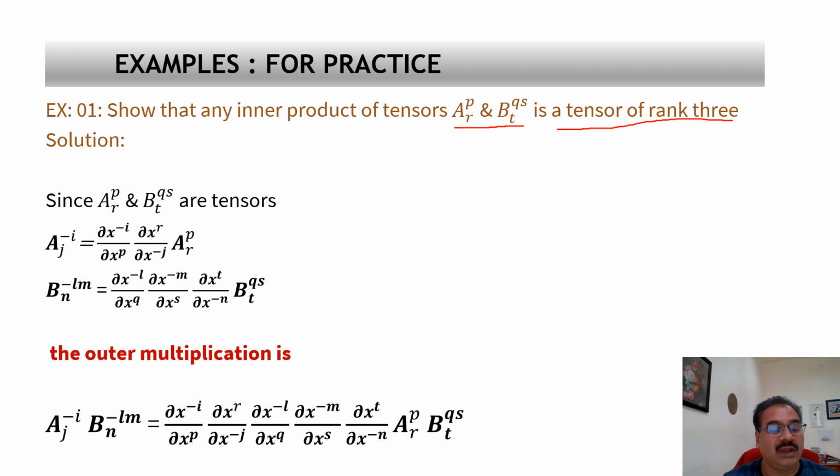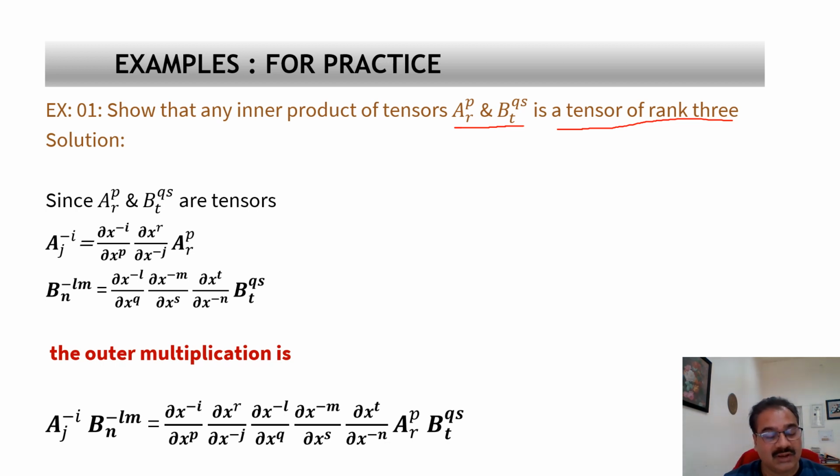Let us suppose A^pr and B_qst are tensors, and we may define these tensors in component form as A bar ij equal to ∂x bar i/∂xp, ∂xr/∂x bar j times A^pr, and B bar lmn equal to ∂xl/∂x bar l, ∂xq/∂x bar m, ∂xs, ∂xt over ∂x bar n, times B_qst.